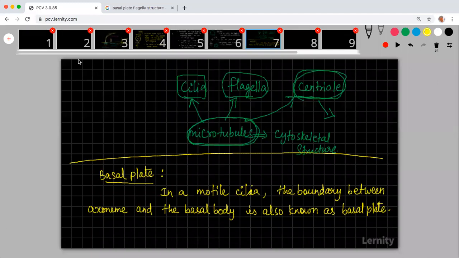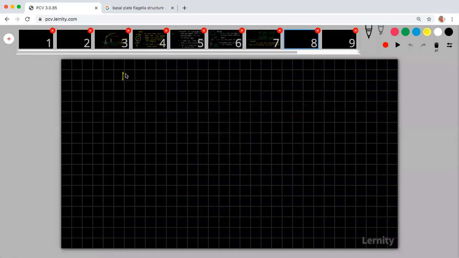And the last thing would be rootlet. The next one is rootlet.